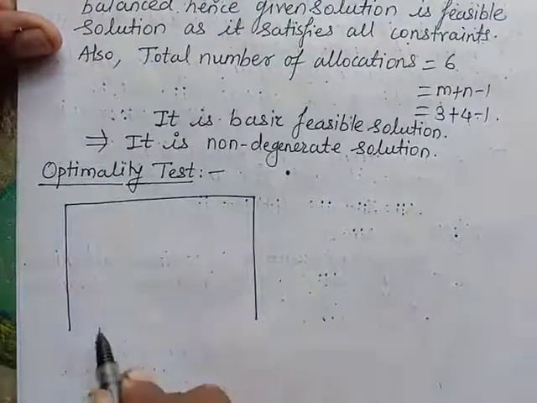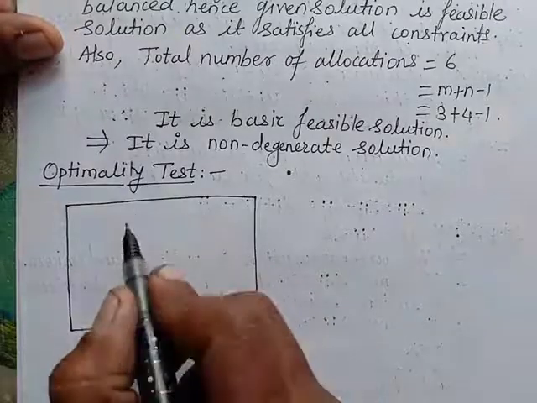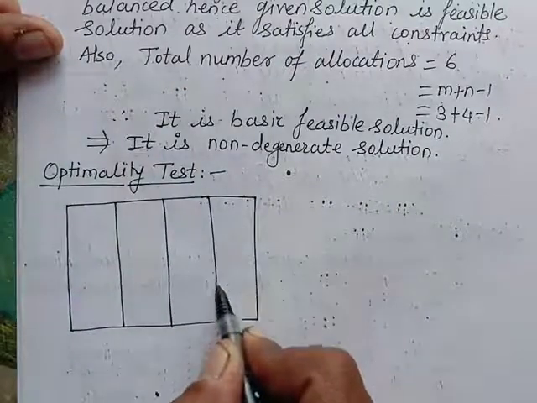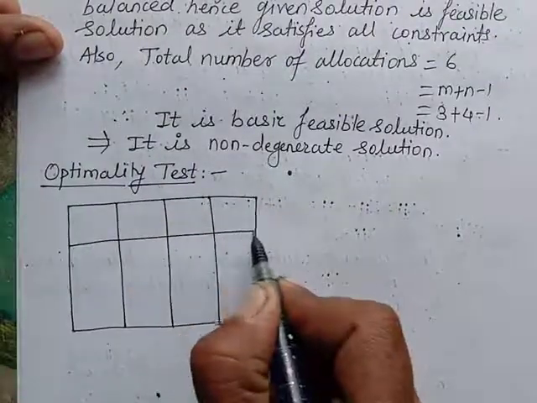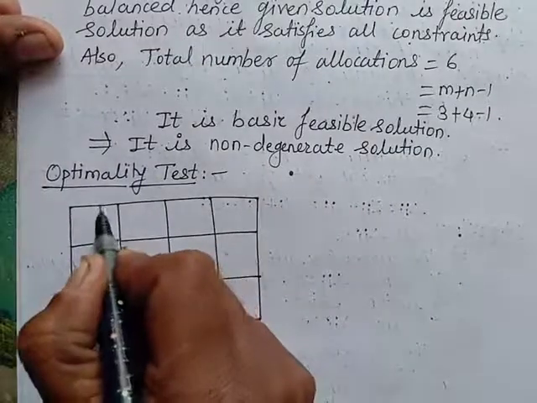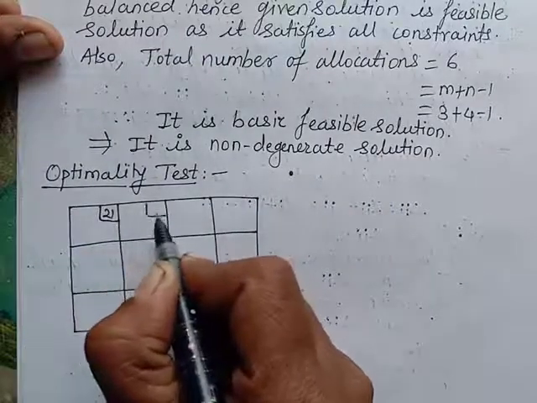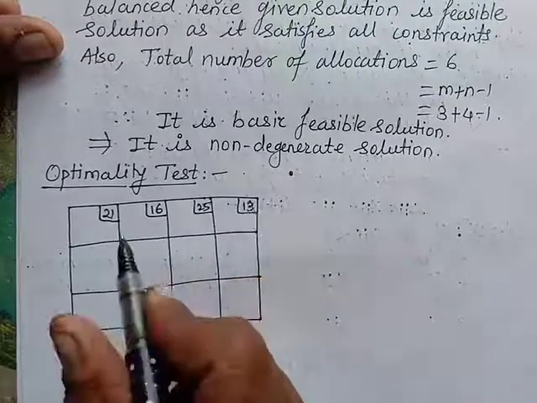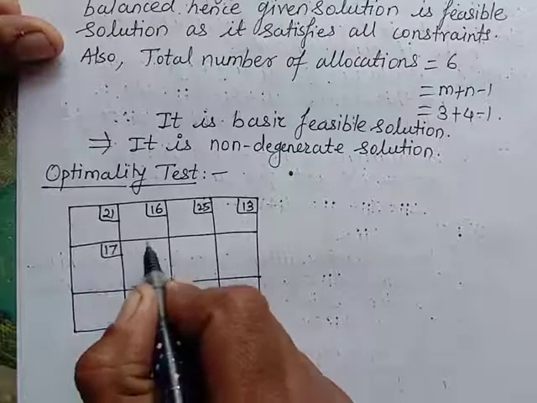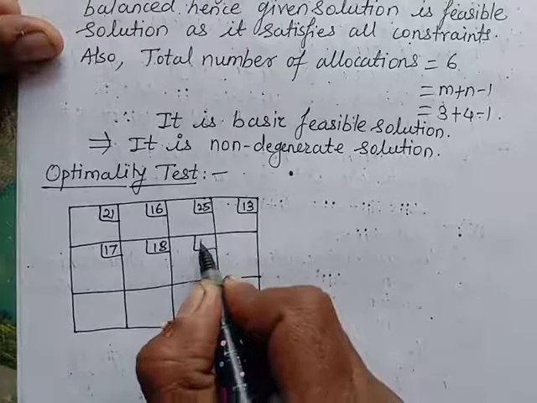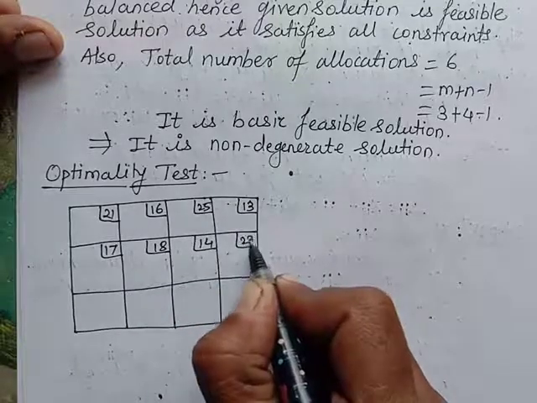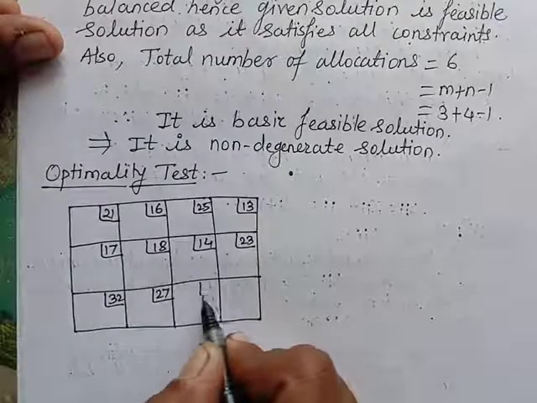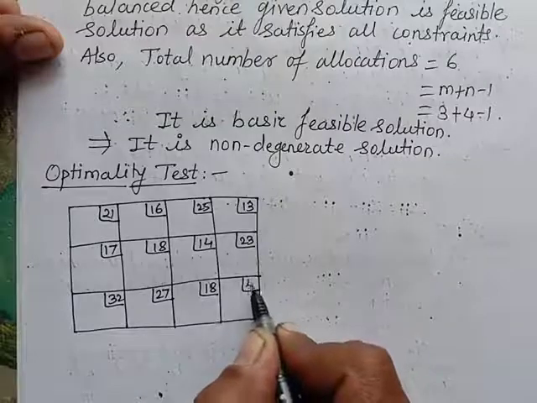Now here we need the table of cells with allocations only. So here the costs 21, 16, 25, 13. Here it is 17, 18, 14, 23, 32, 27, 18 and 41.